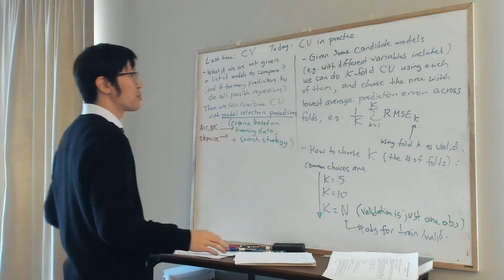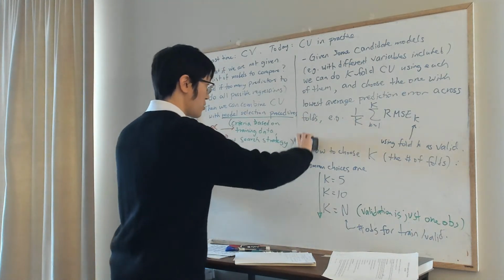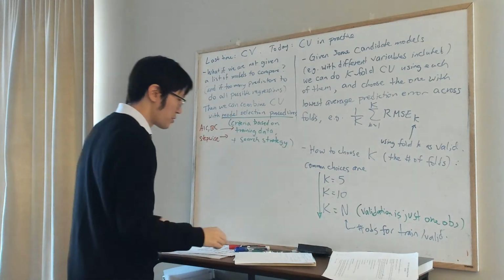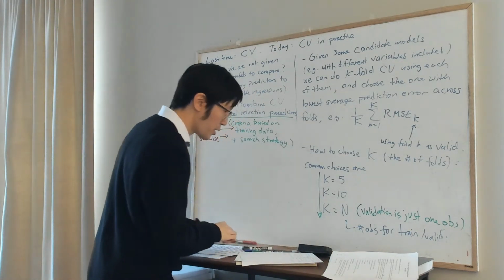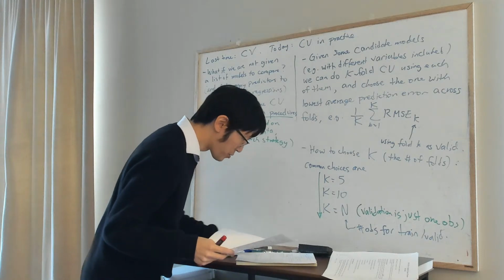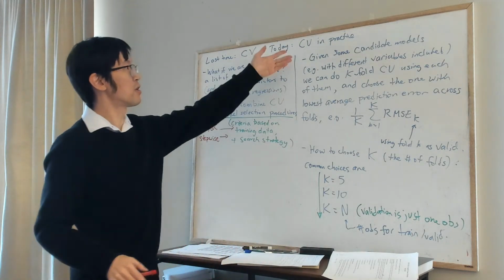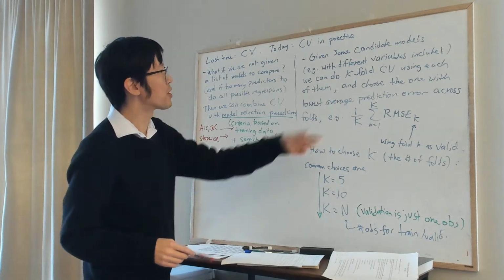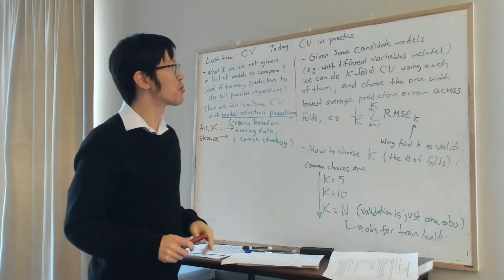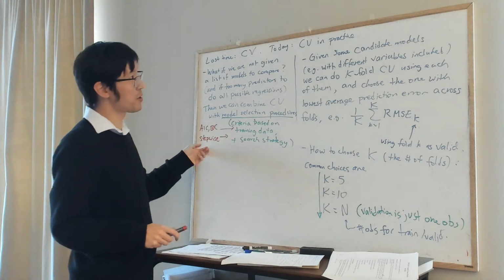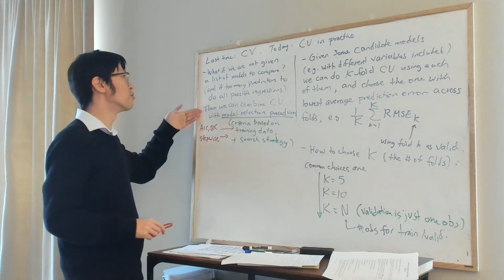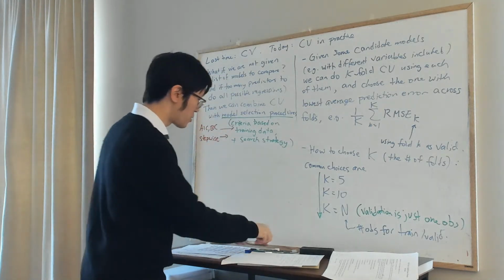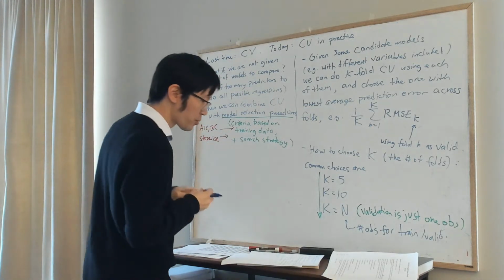But first let me summarize the strategy where we combine cross-validation with model selection. When we had specific models, say M1, M2, and M3, and we used this framework, we could easily choose one of the models. Now instead of choosing a model directly, we use cross-validation to choose the model selection procedure. Let's describe that next.